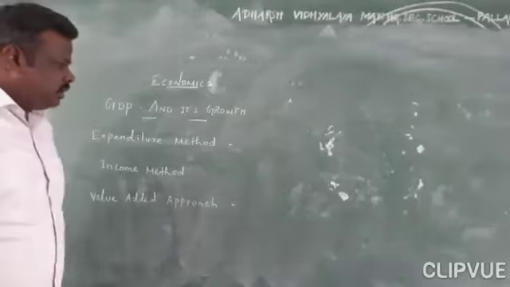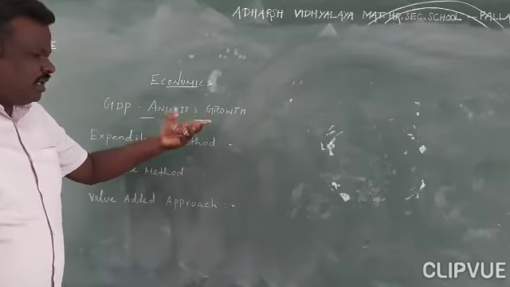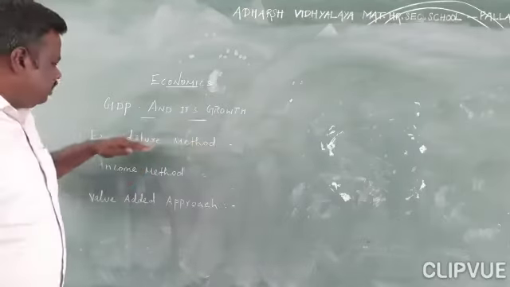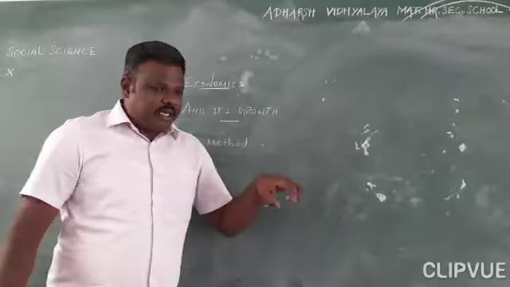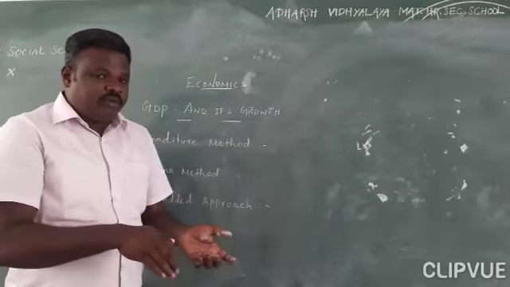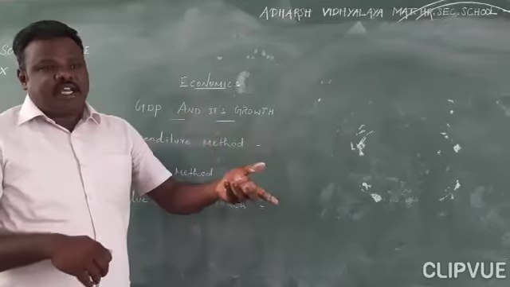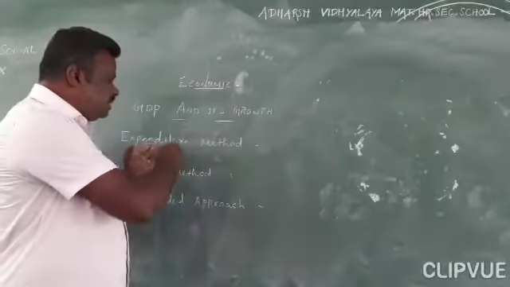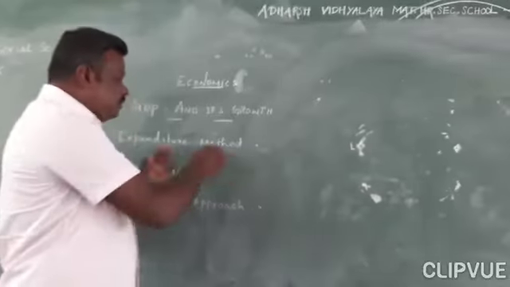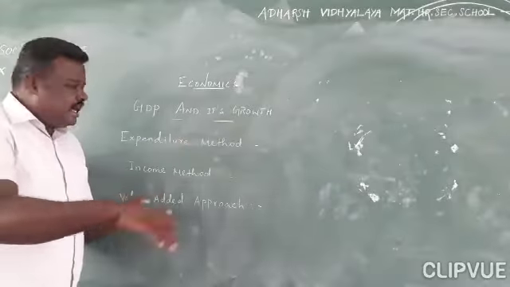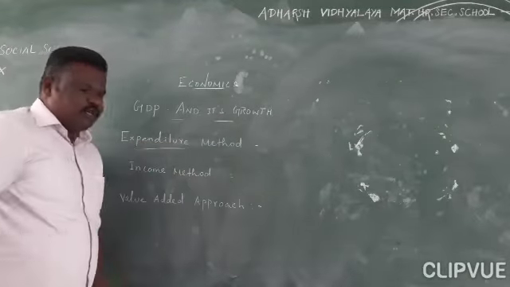See, in the expenditure method, what we saw in the GDP, the same thing is applicable here also. The thing produced in the country, or inside the boundary of our country, the final value added. So the final value means that is output. So finally, the value added, so that is called as expenditure.